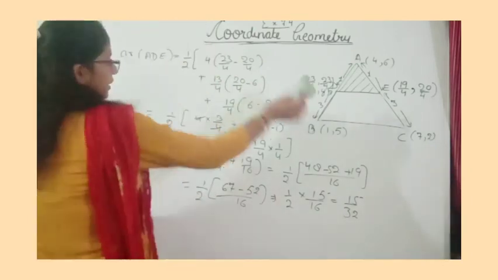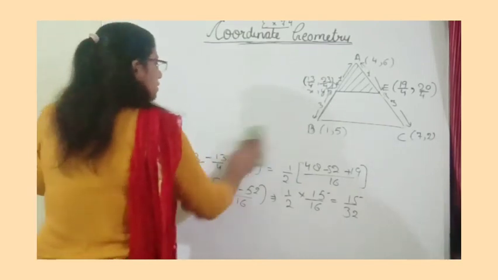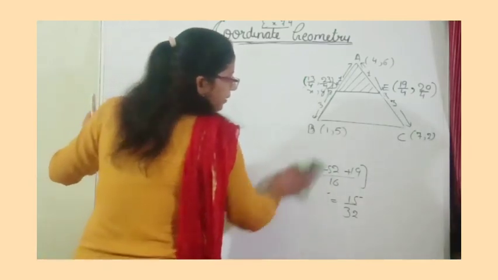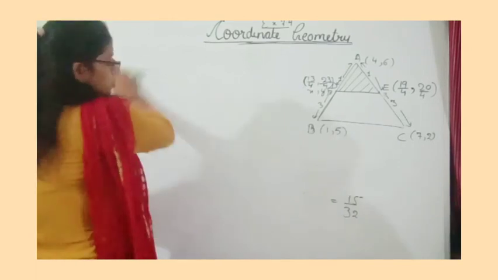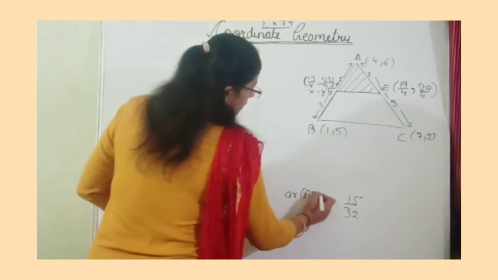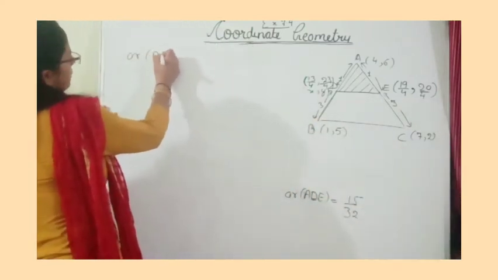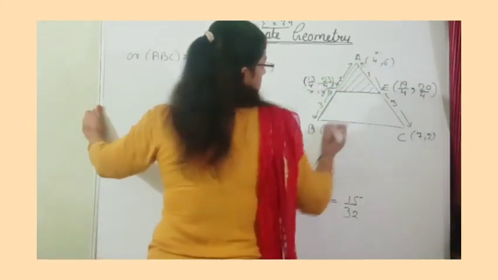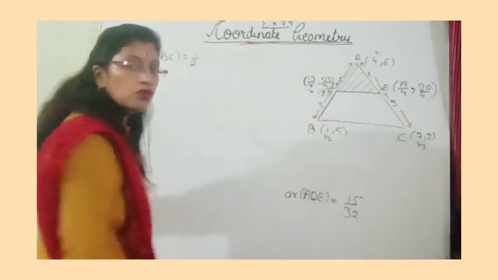So let us find the area of now ABC. So similarly we can find the area of ABC. So remember this, you got 15 upon 32 as the area of ADE. Okay. So now we will find the area of ABC by the same formula, half times. This is x1, this is x2, this is x3. This full triangle area we want to find.